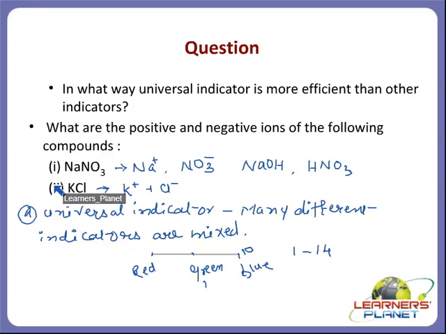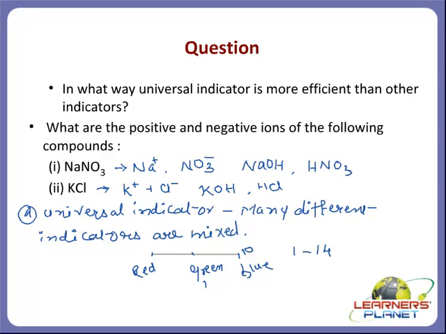This solution would be neutral again, because both are a strong acid and a strong base. Here your base is KOH and acid is HCl. And they will give you what type of solution? Neutral solution. Right, students?